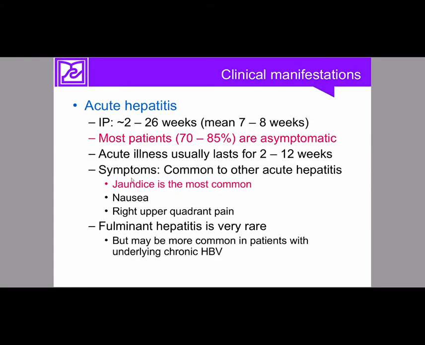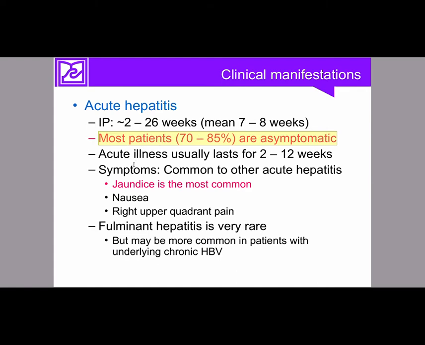So this is not microbiology, this is clinical medicine, but I have to tell you. Patients who become infected by hepatitis C virus will suffer acute hepatitis. However, most of them are asymptomatic. Between 70 to 85% of them will be asymptomatic.